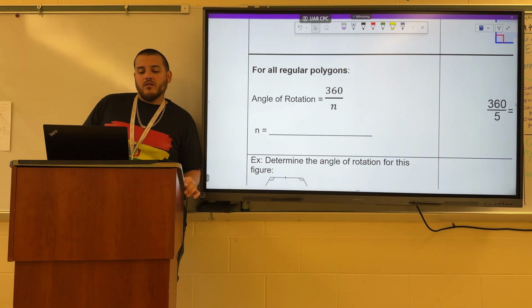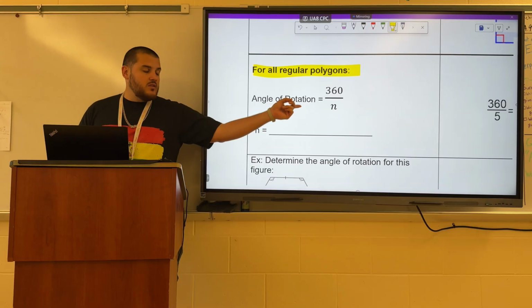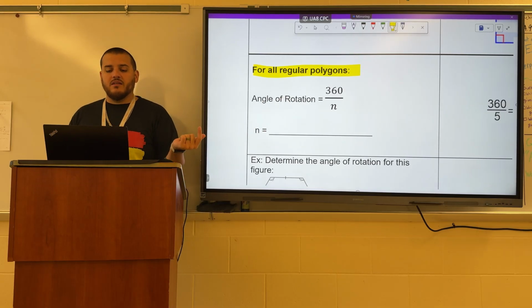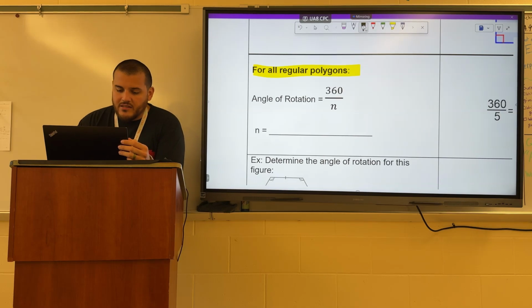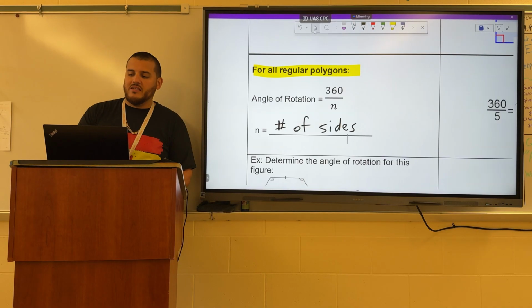So to find our angle of rotation for any regular polygons, we're simply going to do this little calculation. It's 360 divided by n, where n stands for the number of sides, or technically vertices, that exist on our shape, because again, sides and vertices should be exactly the same.